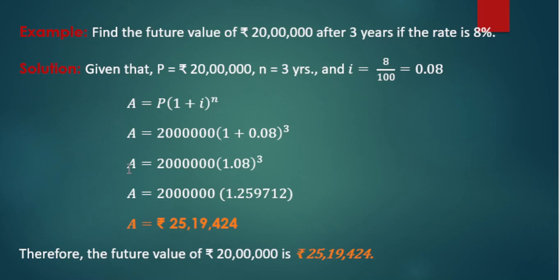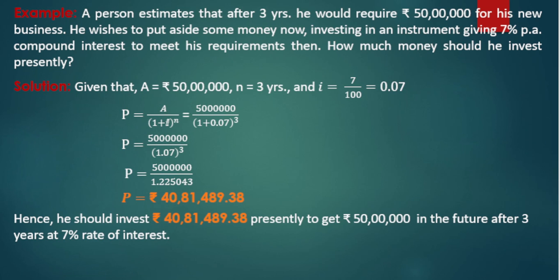After solving this, we have got A equals 25 lakhs 19,424. It means the future value of 20 lakhs with the rate of interest 8% after 3 years is 25 lakhs 19,424. Similarly, we will take one more example to find the present value.